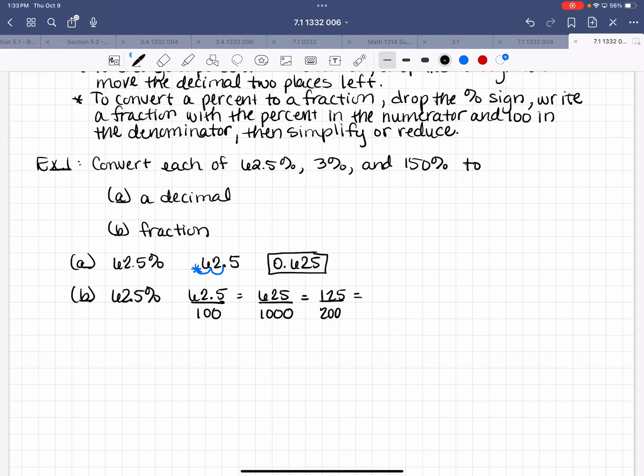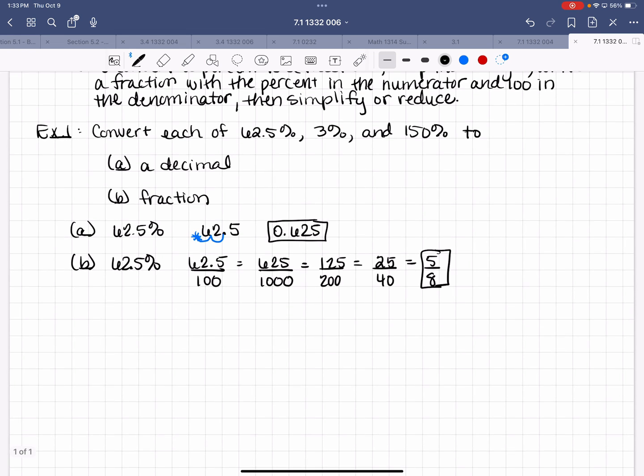So 5 will go into 125 25 times, and 5 will go into 200 40 times. And then 25 over 40. Of course, 5 goes into both of those, and that does give me my 5 over 8. Okay? So if you don't have the multi-view that has the stackable fraction on it, you can still do it. No worries.